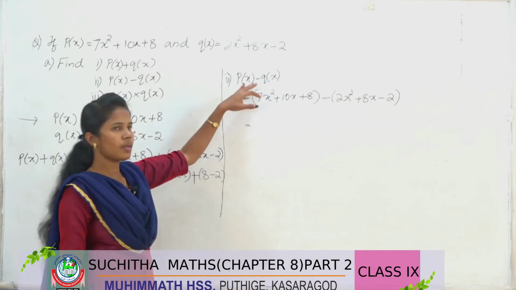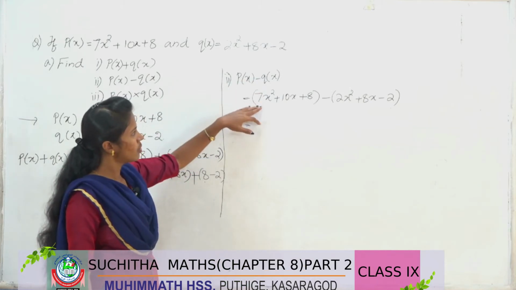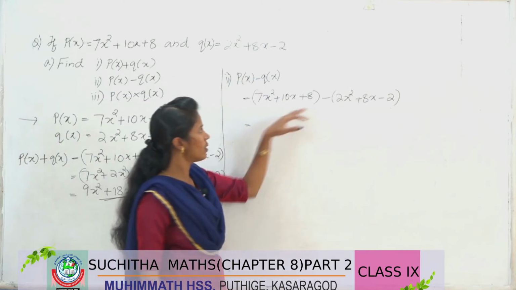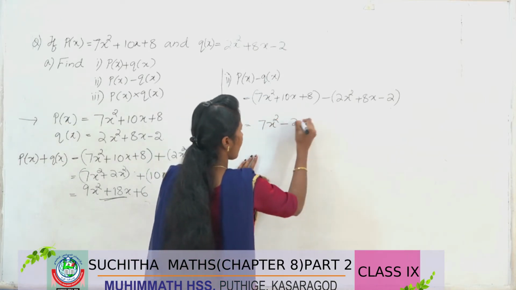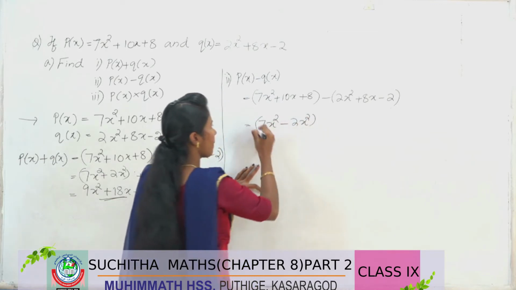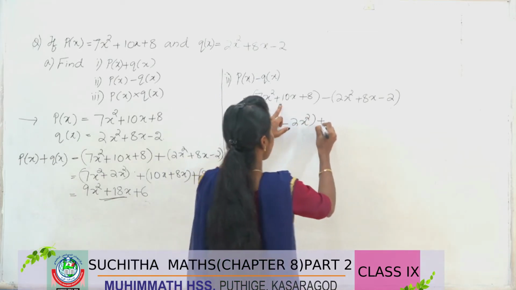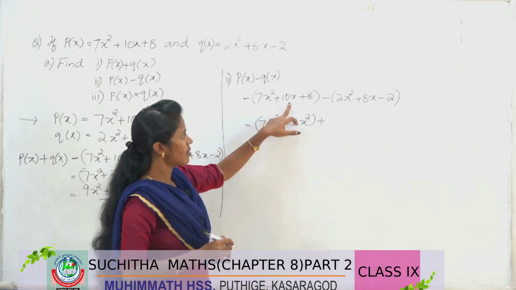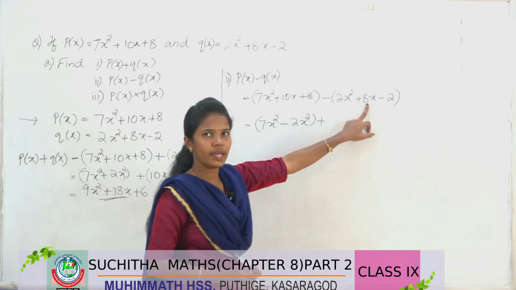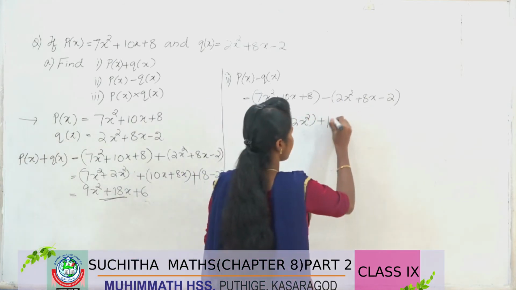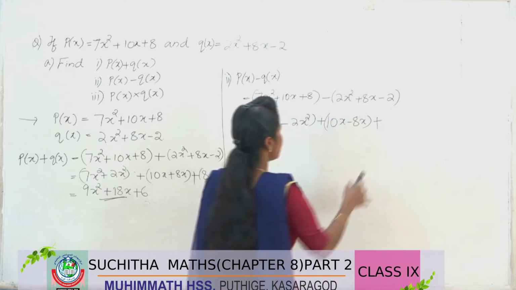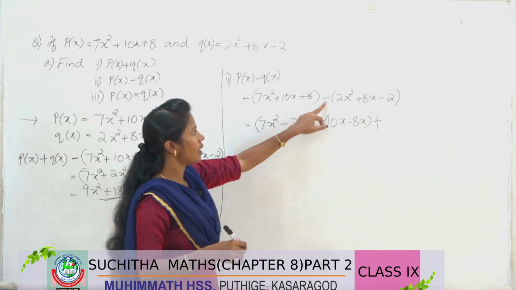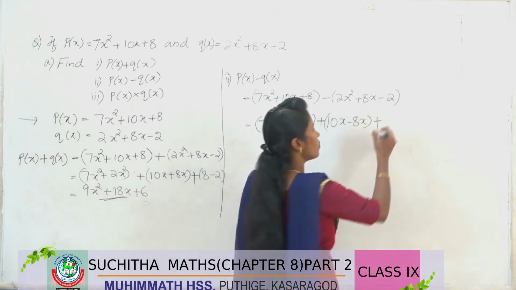Here we have to subtract the terms. So first subtract the square terms, that is 7x square minus 2x square, plus 10x minus 8x, plus 8 minus minus 2.